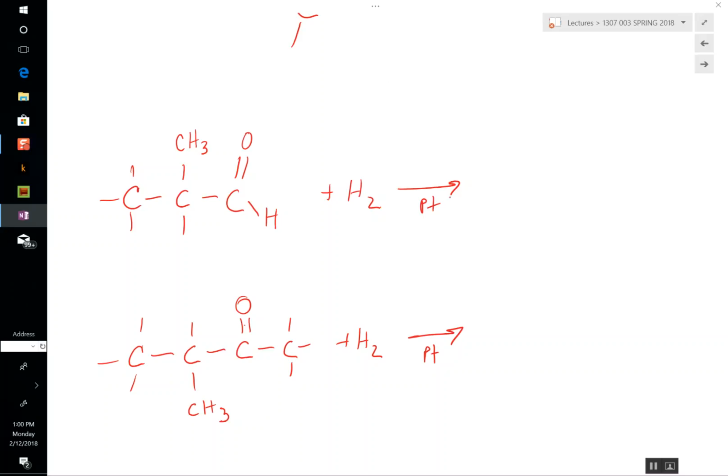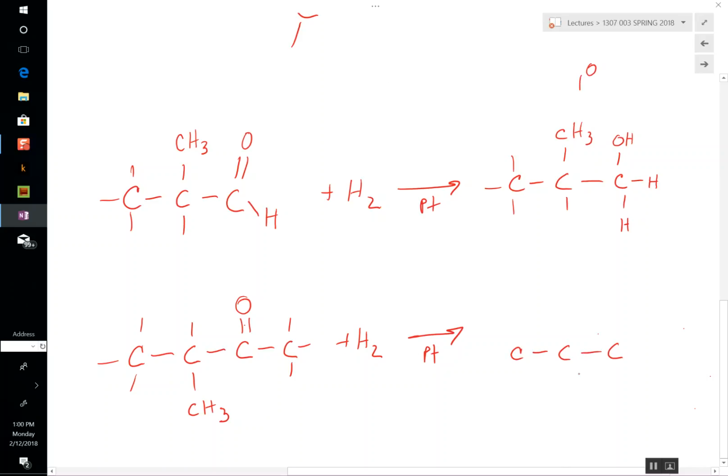All right, on the first one, on the top one, you should have something like this. You're going to get an OH here. You're going to get the other hydrogen there, and then the hydrogen that always was there. And then this will produce a primary alcohol. And the second one would be something like this.